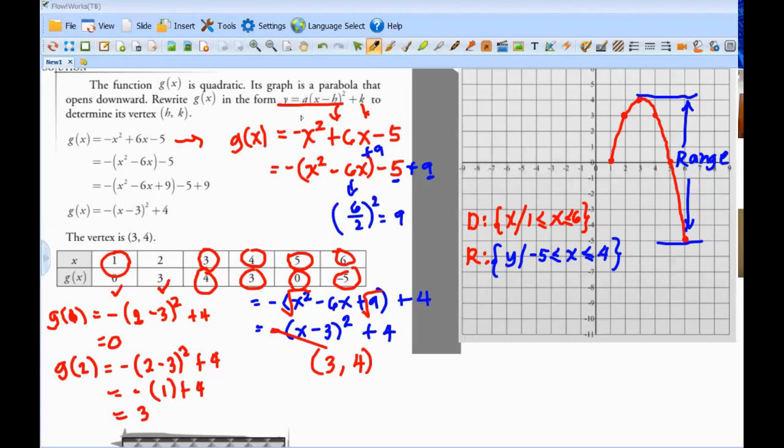Or you can use this formula so that you can get the center. The center is at 4, 3. Anyway, without getting this form, you can substitute in this given equation from 1 to 6. You will get these numbers, and then you can graph it like this. Okay, so that's what the parabola is all about.